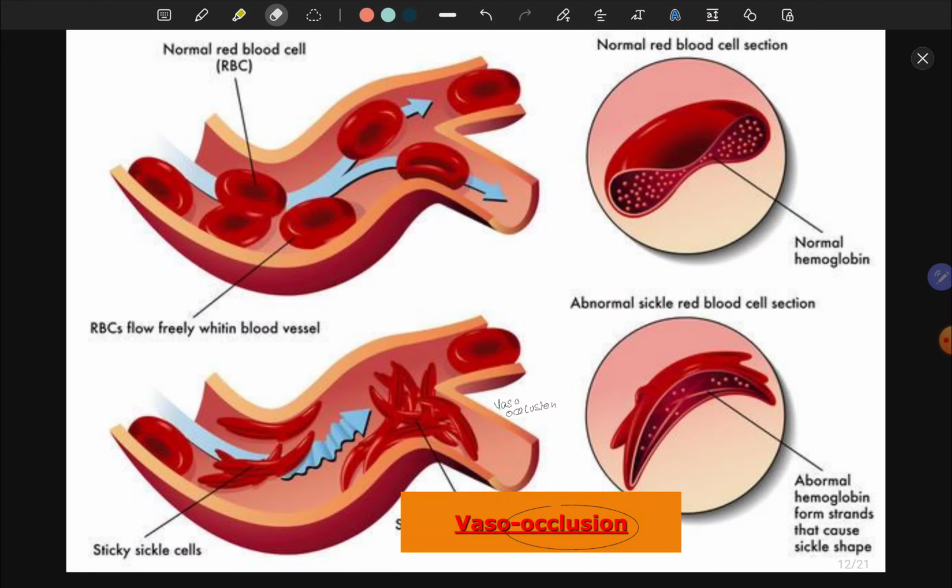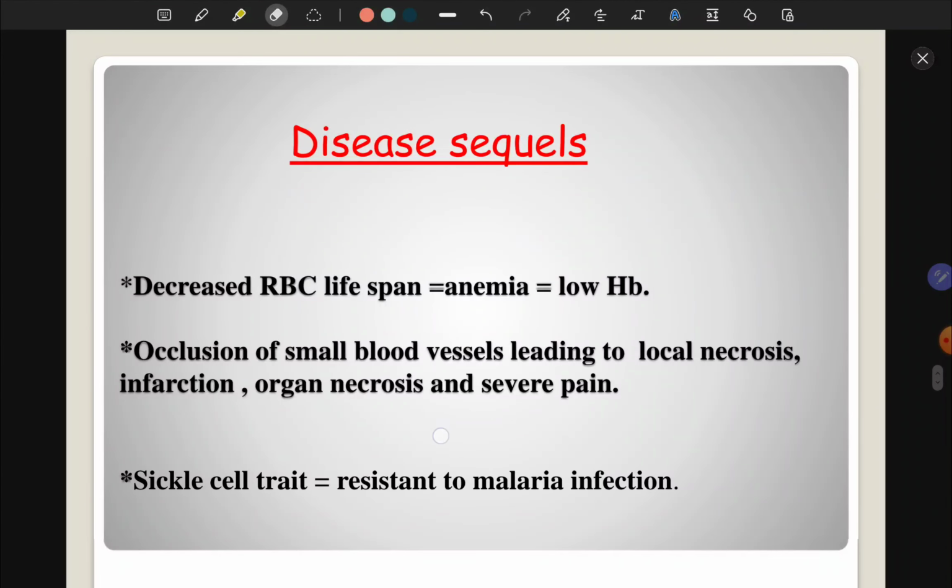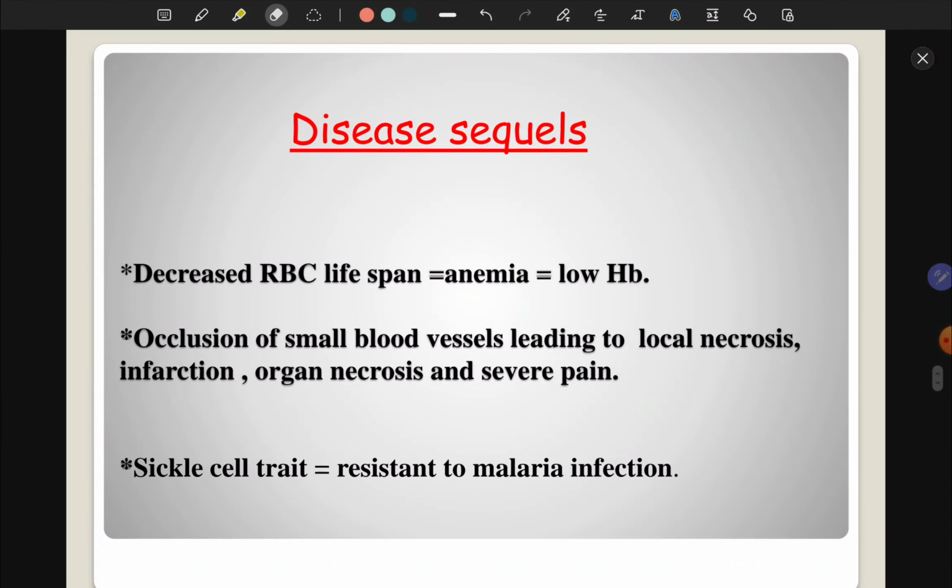So the presentation would be after 6 months with anemia and jaundice. It's a hemolytic anemia; bilirubin will be increased from the metabolism of the hemoglobin. What's important, which is very peculiar to sickle cell disease, is the occlusion of small blood vessels, leading to necrosis, infarction, organ necrosis, and severe pain.